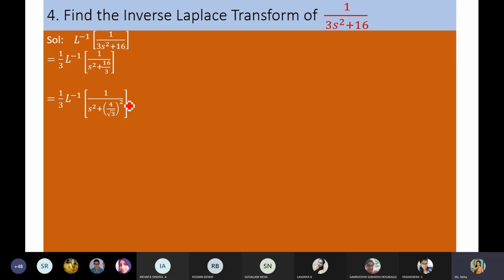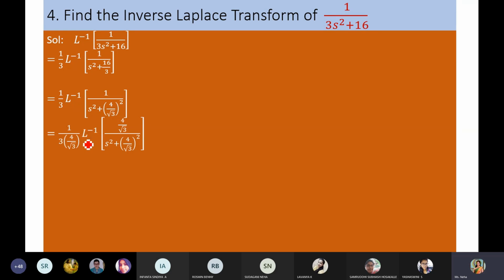Since in the numerator we have a number, we can put any number and make it a formula for sine. We multiply and divide by 4 by root 3, because in the formula of sine we have a divided by s square plus a square. My a value is 4 by root 3, so the numerator is 4 by root 3, and here we have divided by 4 by root 3.